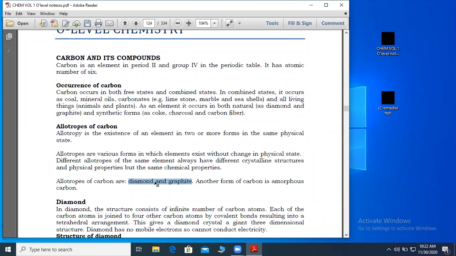Now, the opposite of crystalline is amorphous. So another form of carbon is amorphous carbon. Amorphous carbon is, for example, soot.